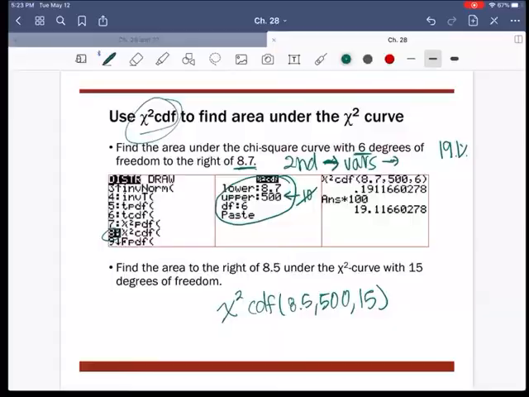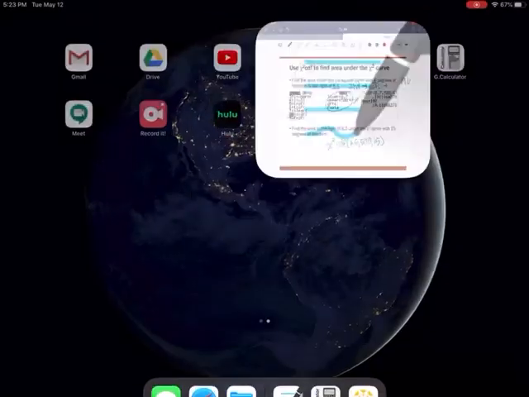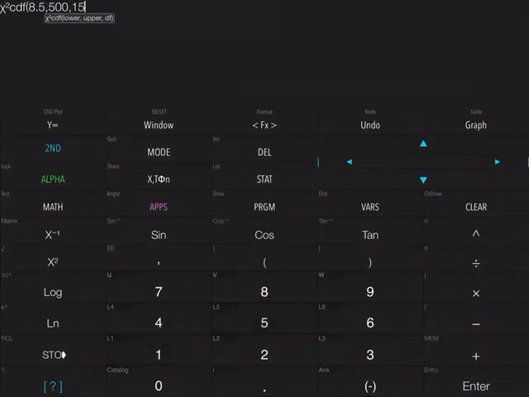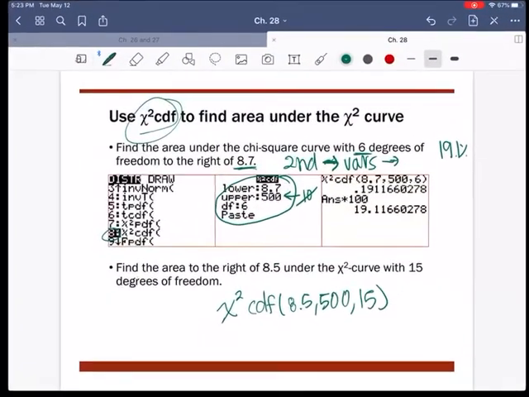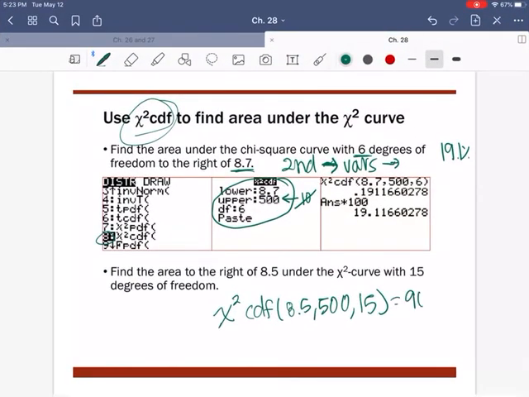Second vars from the distribution or the main screen, select option 8. 8.5 to 500 with 15 degrees of freedom. Okay, and that is 90.2.